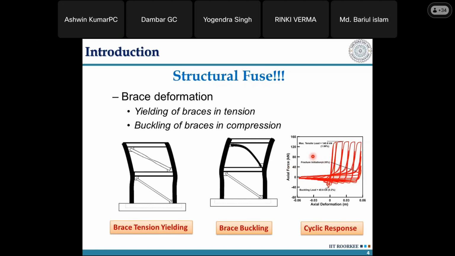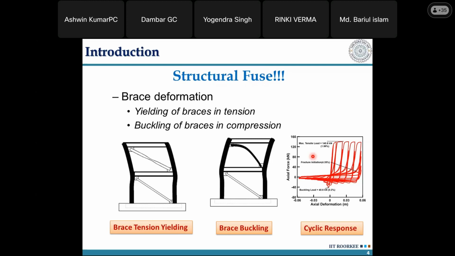And that is exactly the reason why, if you look at IS 1893, 2016, the response reduction factor for SCBF, if you compare it to moment resisting frame and EBF, they are all 5, whereas for the SCBF system it is 4.5.